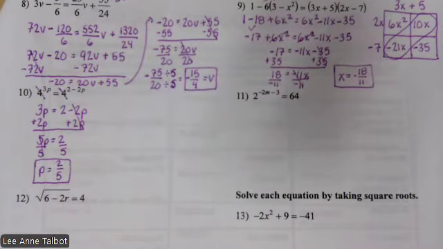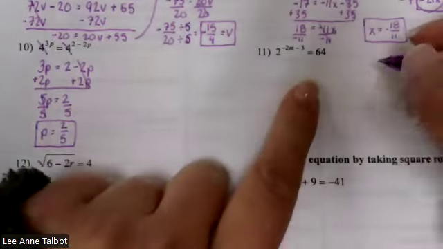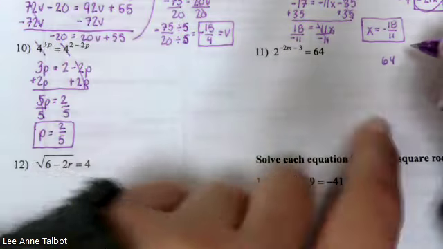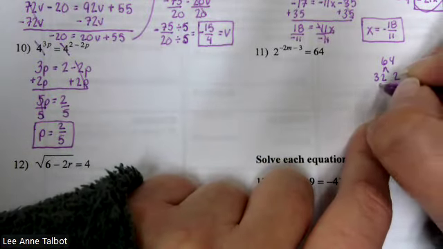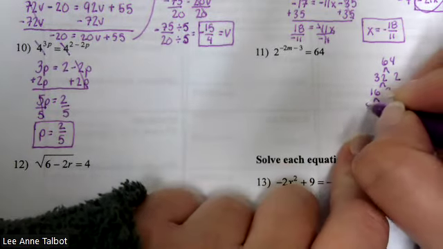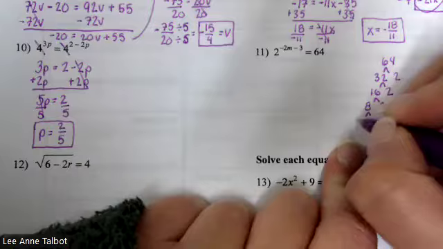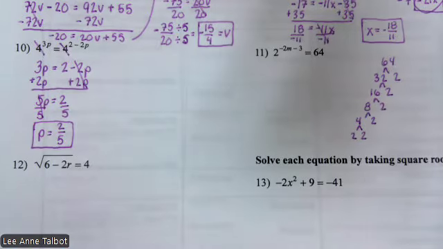Okay, however, number 11, are 2 and 64 the same number? You really want them to be, but they're not. Okay, so 64 is 32 times 2, which is 16 times 2, which is 8 times 2, which is 4 times 2, 2 times 2.